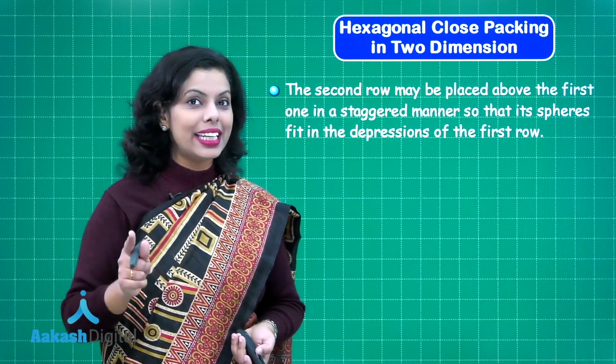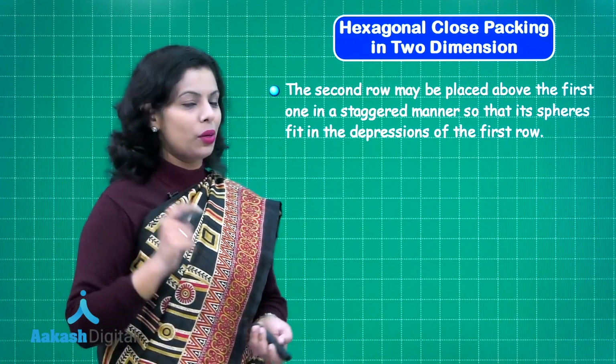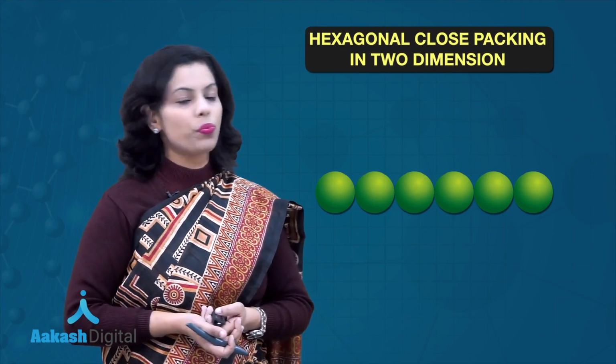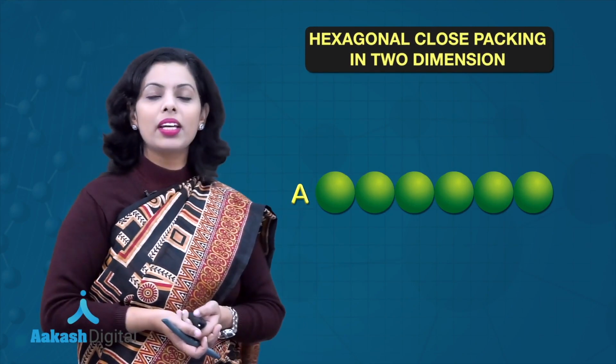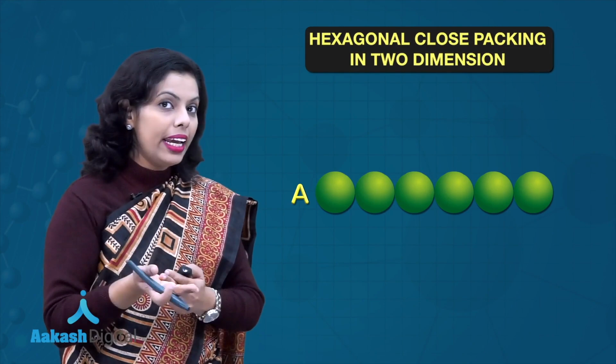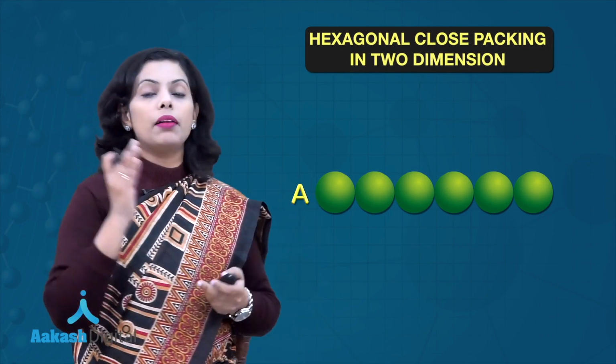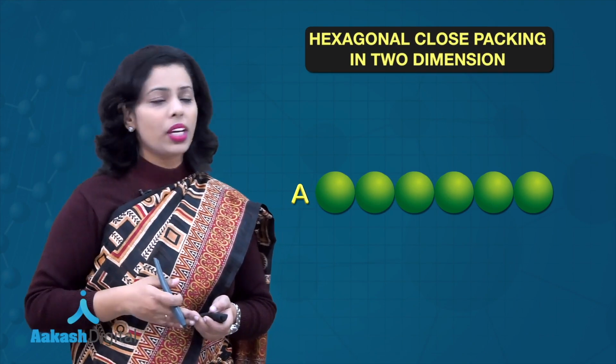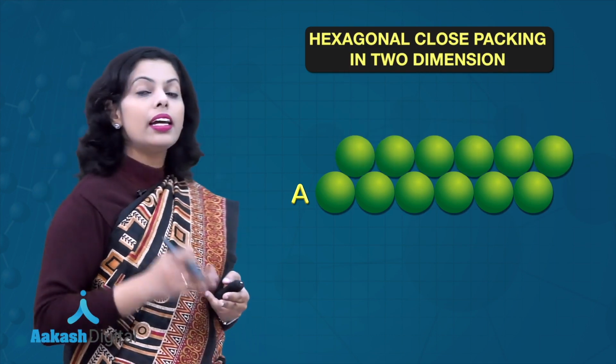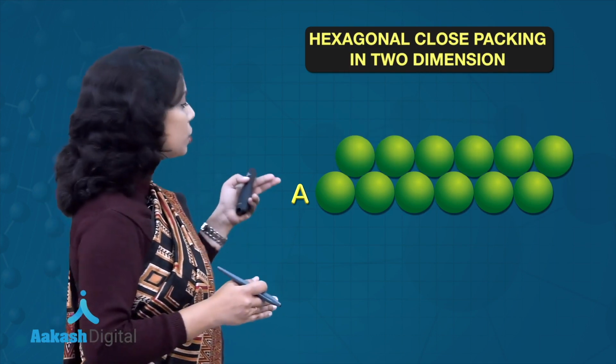Again, you want to see the diagrammatic representation, I know that, so I have this for you. The layer A is here. This is the row A, and above it I am just going to place the second row. Let's take the second row here and place that in the depressions of the first row.